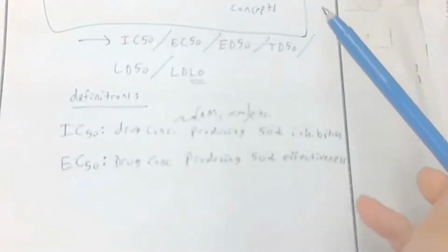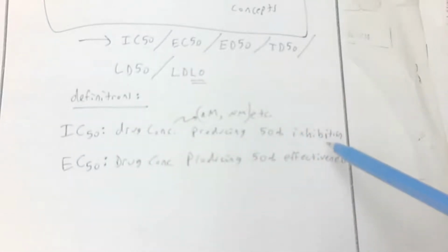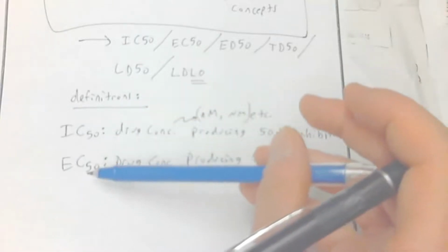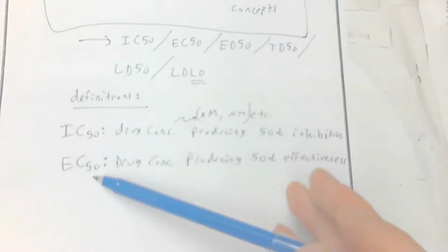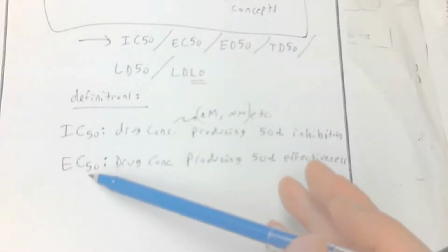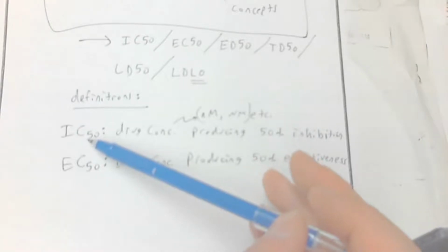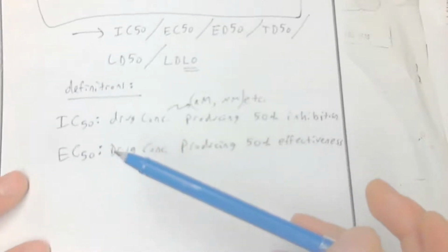Well, how is it different? You would think that inhibiting something 50% would basically cause a 50% effectiveness. Why are these different? Why don't we just use one of these? What might be unique about an EC50? Or what kind of drug would you describe potency with EC50 versus a drug target where you use IC50? Have you thought about this before? Maybe you haven't seen this before in a course, so it's good you're learning it, right? Nobody knows?